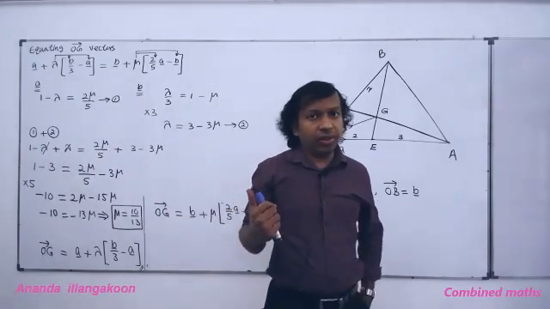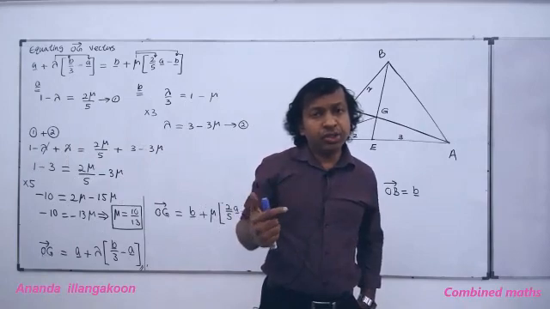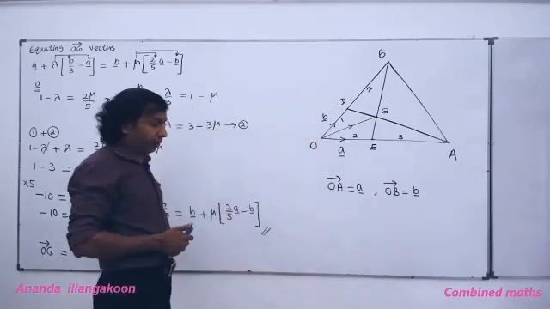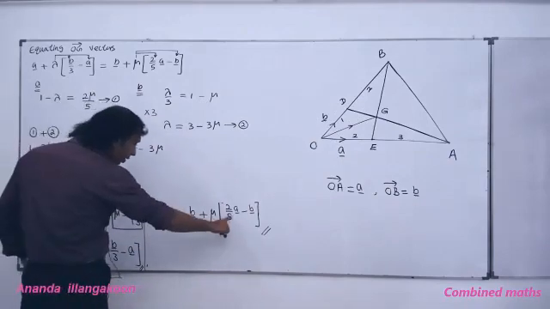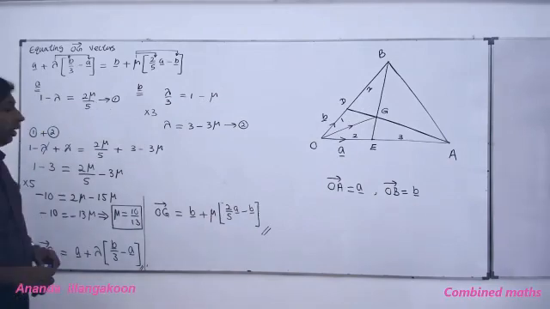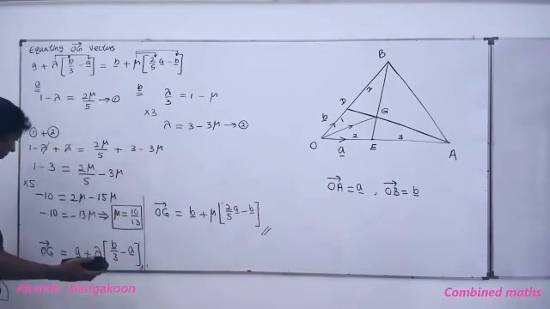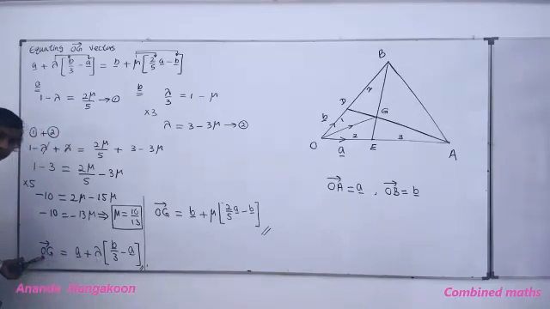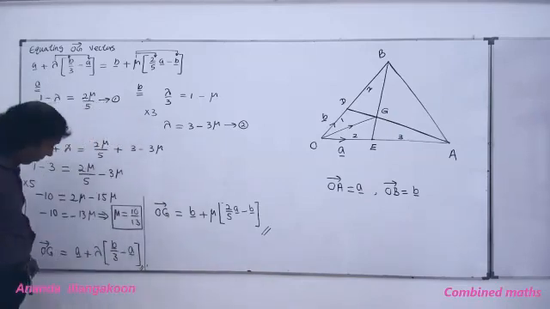In the earlier question we had been given, determine lambda and mu as constants, which means there you have to find both unknowns. Understood? Right. Now the mu value is 10 by 13. Put that here and keep simplifying to obtain OG. If you found lambda and substituted that here, you would get the same answer for OG.